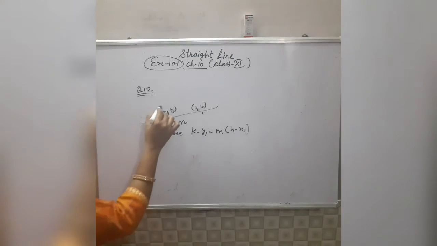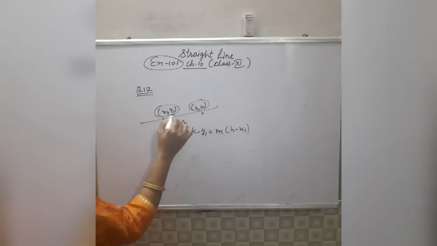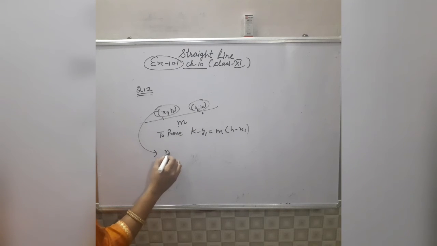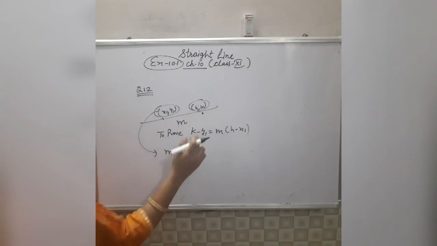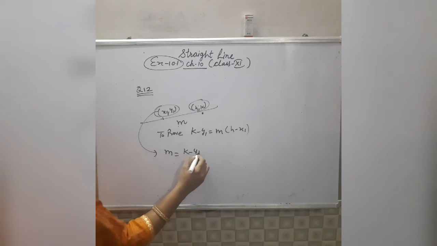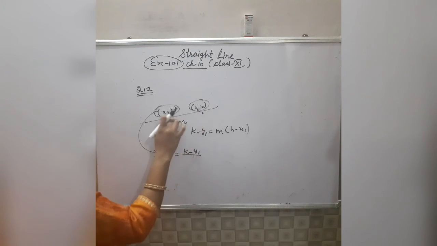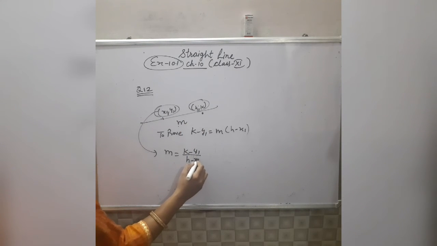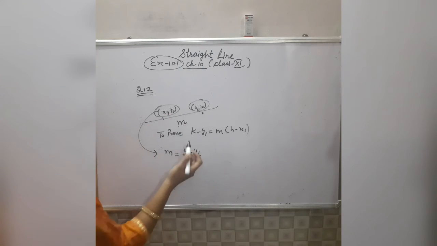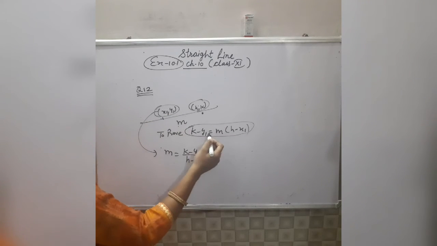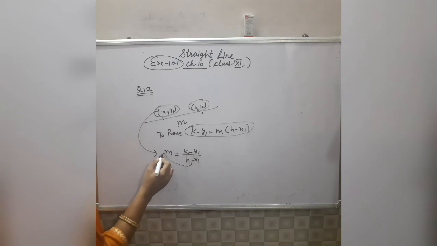By using the two-point formula of slope, all of you know that if two points of a line are given, the slope is y2 minus y1, that is k minus y1, divided by x2 minus x1, that is h minus x1. So this is the value of slope by using these two formulas, and you have to prove this result. It's very simple, just shift this term to this side.